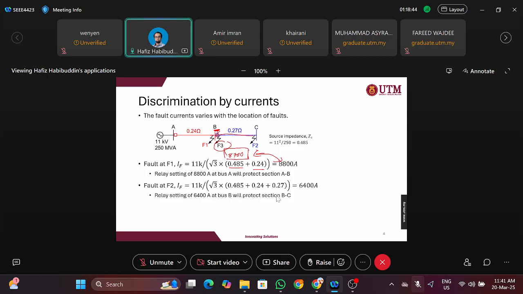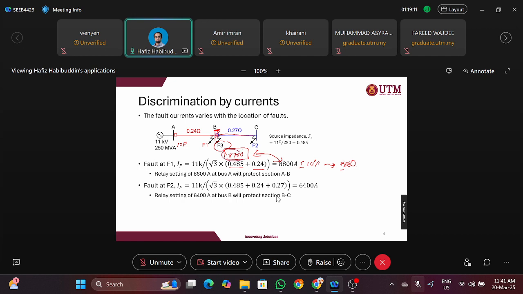So you're going to have some similar value here, close to this. Numerically, you can distinguish them, but remember that you will have a CT with a certain amount of error. Let's say this is class 10P, where the error is plus or minus 10%. So the error should be 880, plus 880 and minus 880.